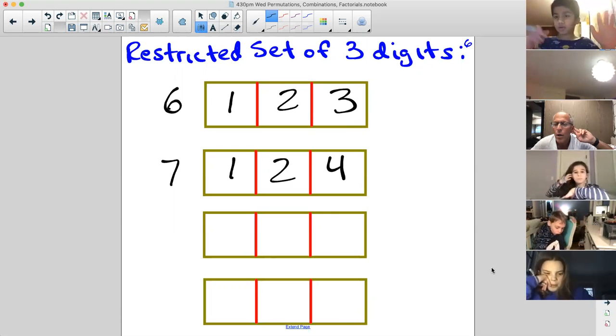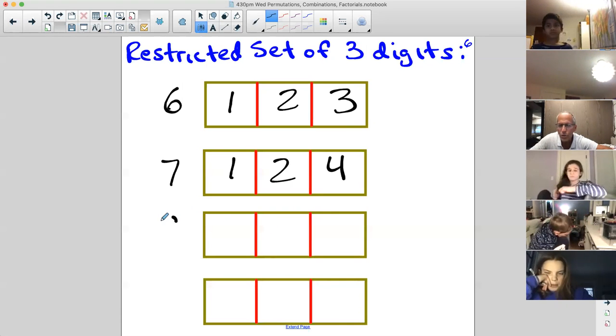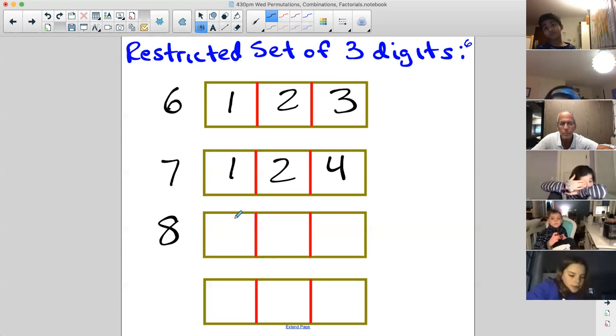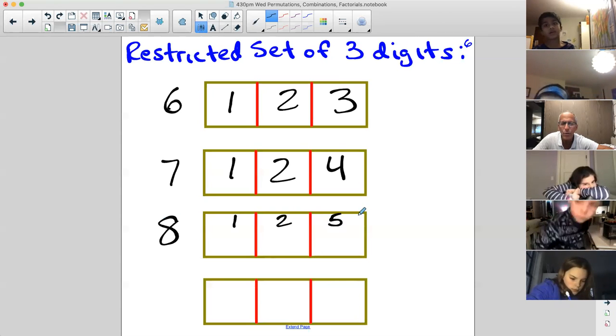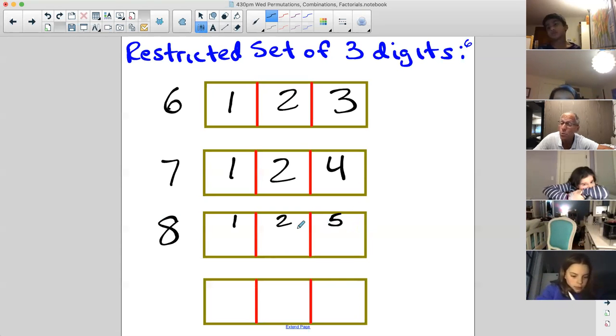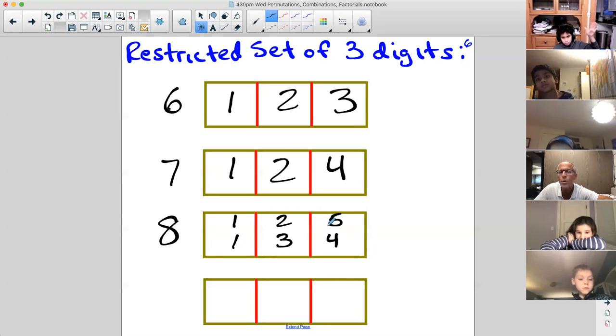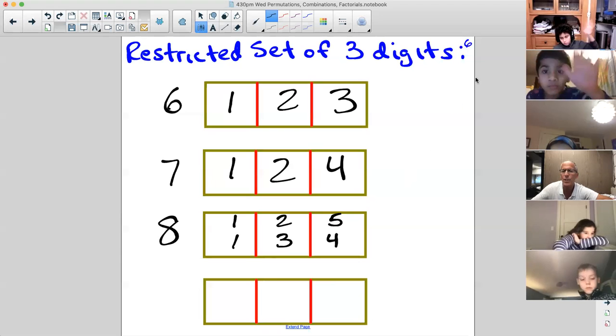I think the next one's 8. Now, what numbers did you want to use for 8? 1, 2, and 5. Yes, I agree with that. But anybody have another one for 8? Wait, I think I found the other one. Couldn't it be 1, 3, and 4 also, Penny? Yeah. So 8 actually has more than one combination.